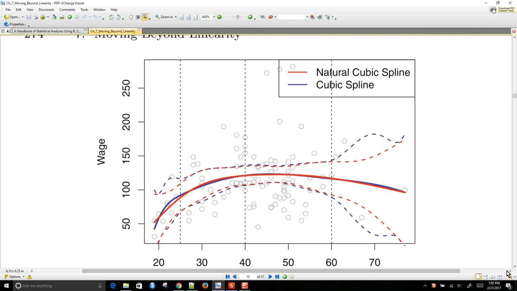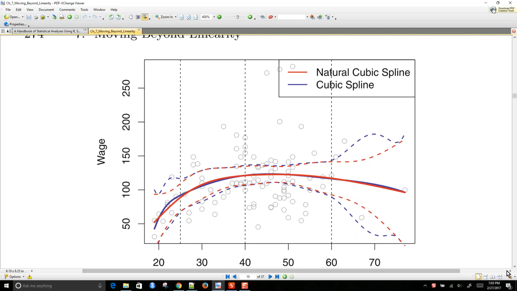By trying out different numbers of knots, you can do some kind of cross validation to decide what number of knots would give you the best performance. It's a tough thing to do. So that's a regression spline.